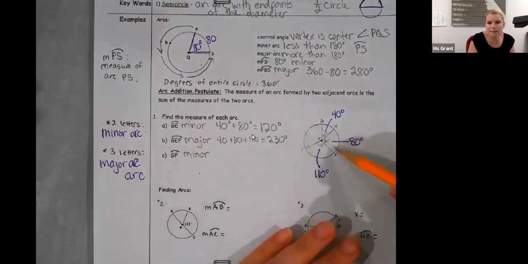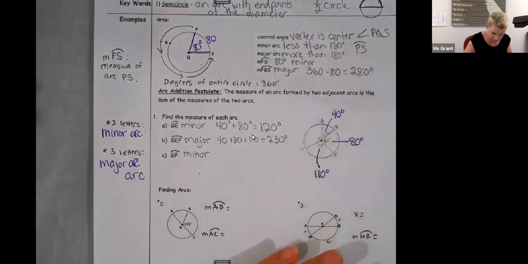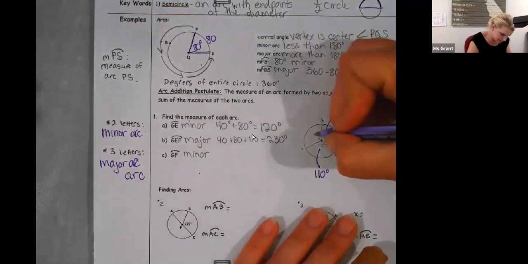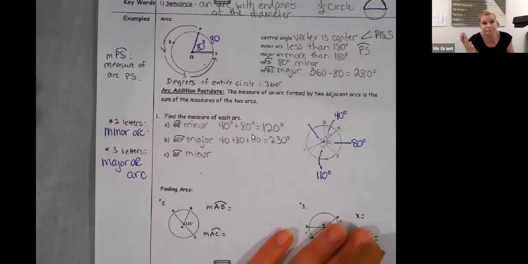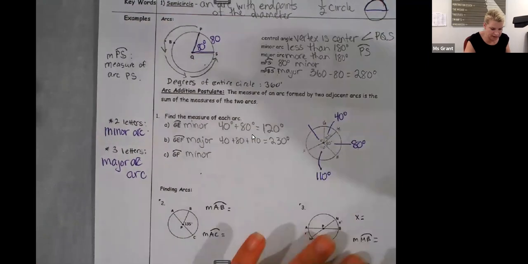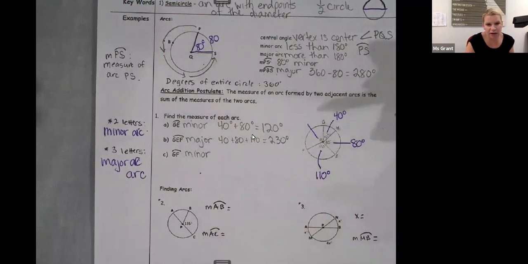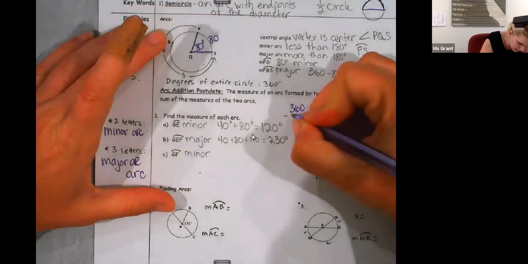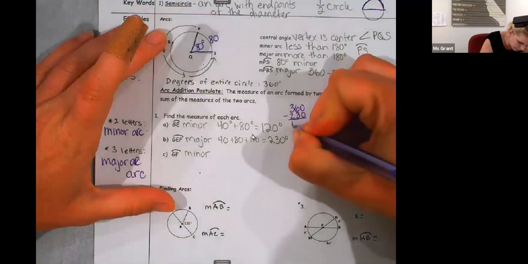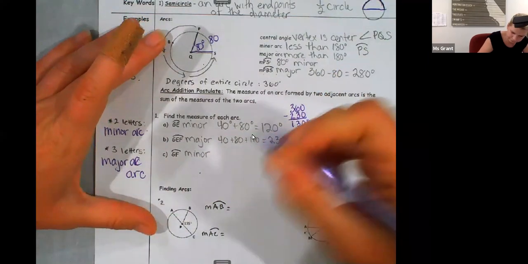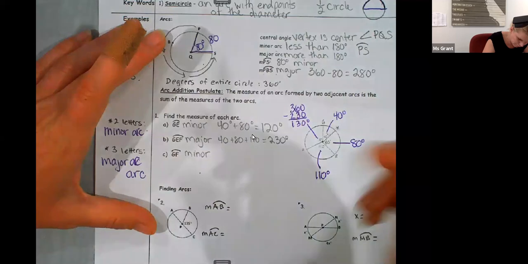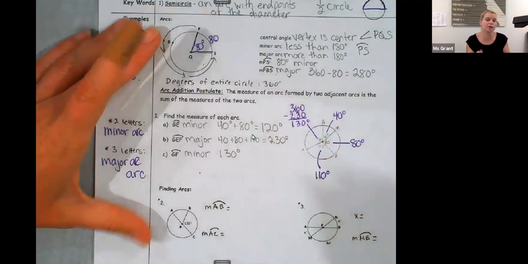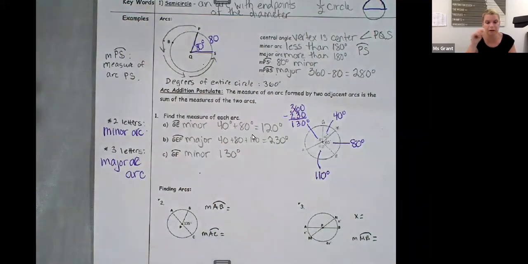I don't know what this missing piece is, this R. So I need to find it. I know that I've got 40 and 80 and 110, that makes 230. So I could do 360 minus 230 equals 130. And this is a minor arc because it only has two letters.